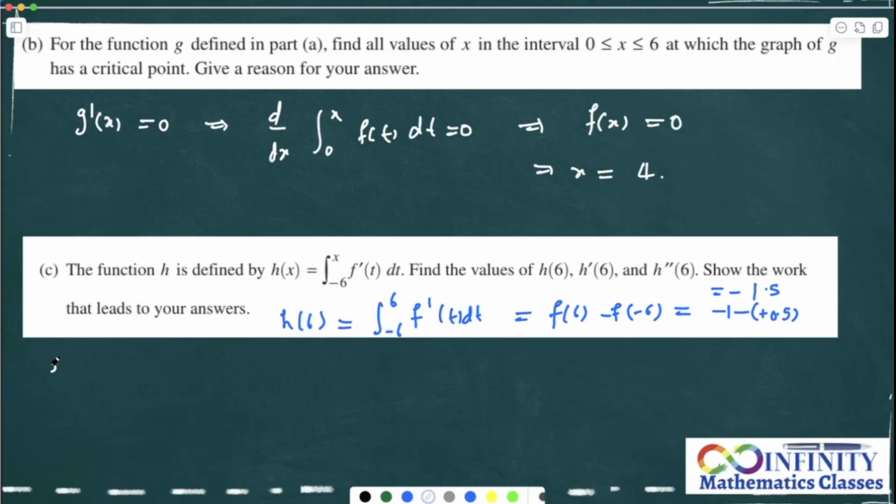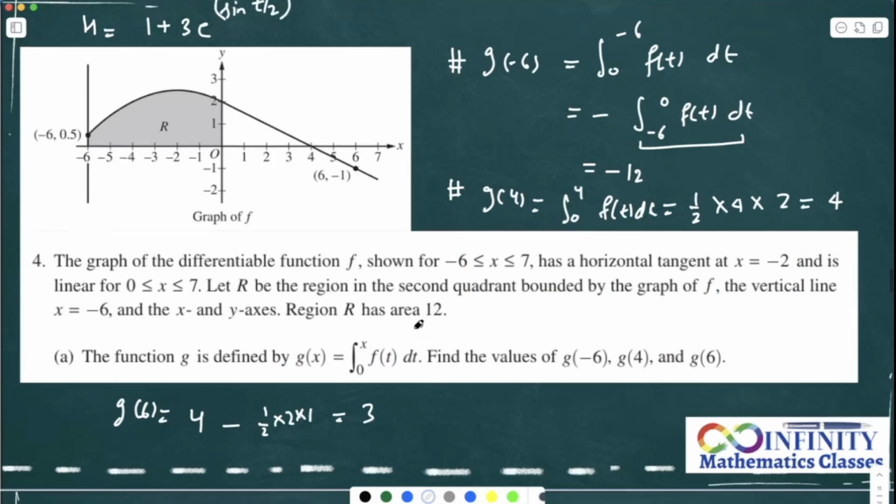For the second value, you need the derivative. The derivative is nothing but f prime of x. So the derivative at 6 is going to be the slope of the function at 6, because the graph is linear. At 6, I need the slope of this line.